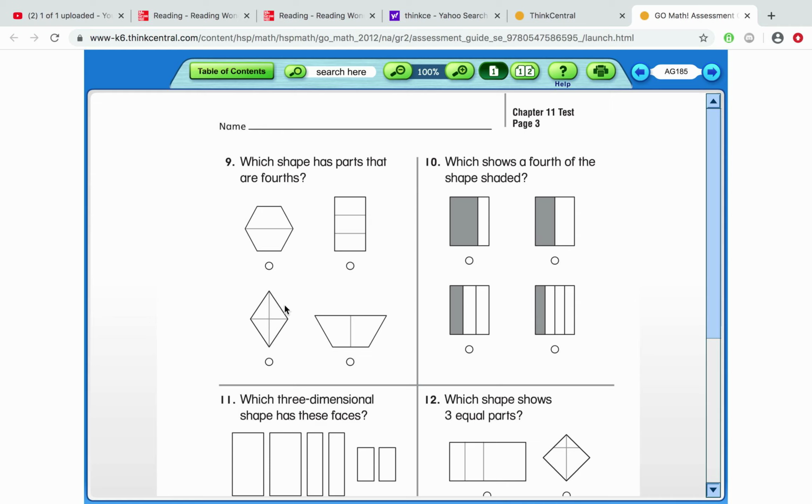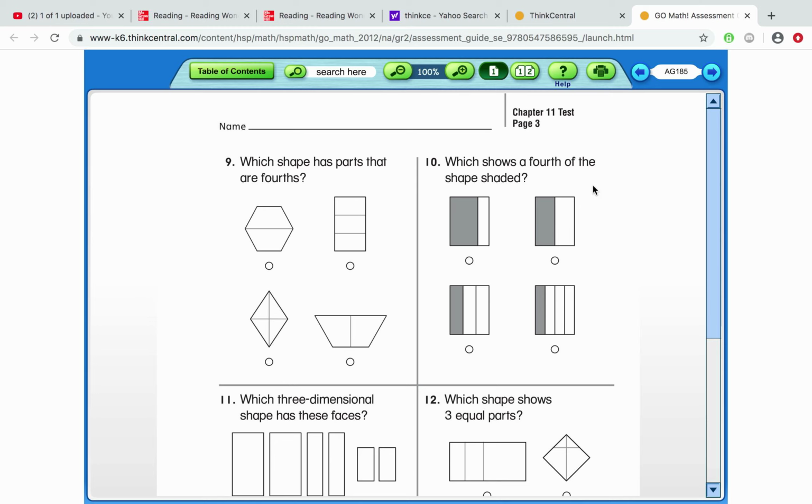All right, I hope you said this kite-looking one down here. If you folded this, it would be right on top of each other and they would be completely equal parts. 4 equal parts represent fourths. So just draw a diamond, or what some people will say a rhombus shape, with a cross up and down and side to side, and that's your answer for number 9.